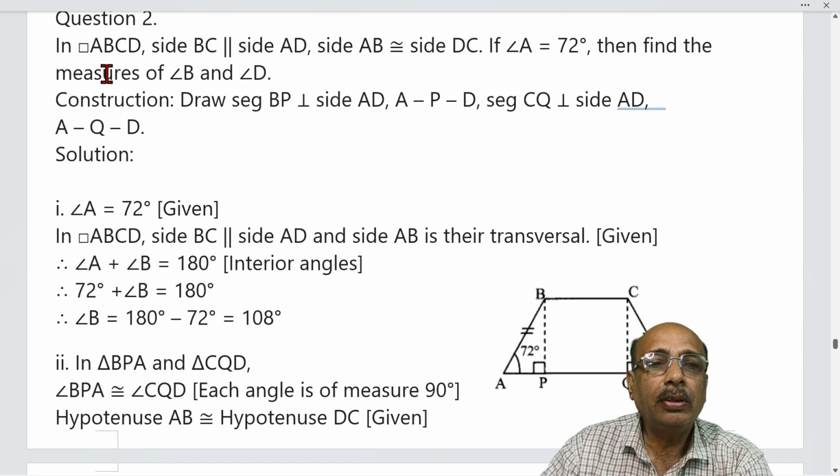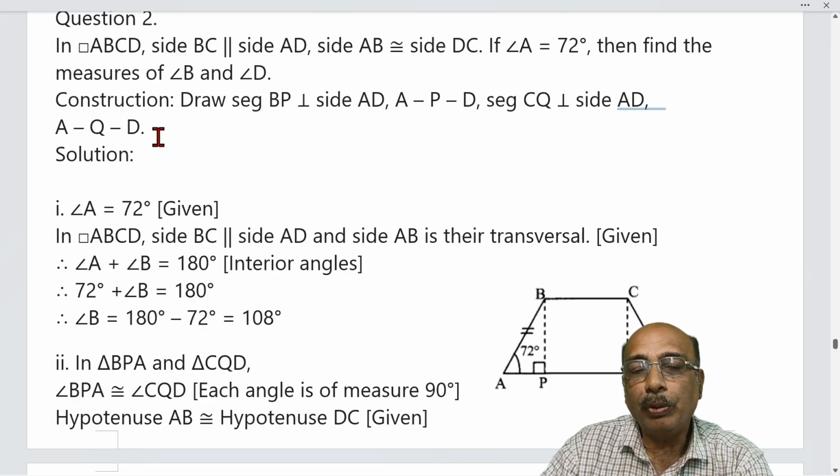Next question. In quadrilateral ABCD, side BC is parallel to side AD, side AB is congruent to side DC. These two sides are congruent, and if angle A equals 72 degrees, then find the measures of angle B and angle D. So here we will do the construction work.